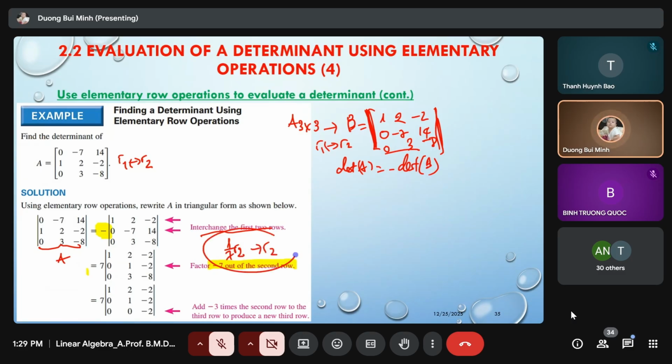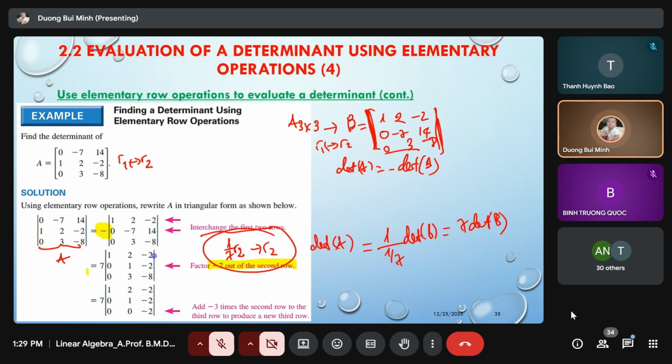So if we apply this one, you remember the determinant of A is 1 over C, and now C is 1 over 7. So that means 1 over 7 determinant of B, so that means 7 determinant of B.